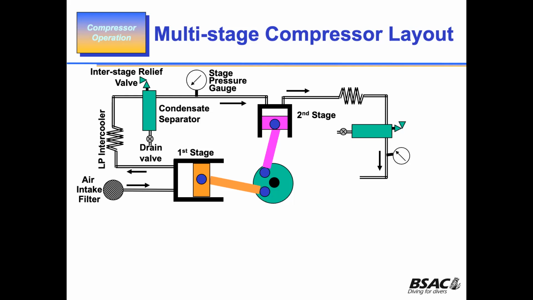Same thing again, you've got poppet valves or plate valves there, which stop the air from returning from the discharge side of the piston. And we start the whole sequence all over again, and we compress the air in the second stage.